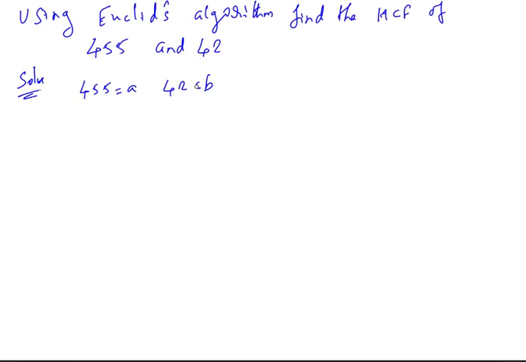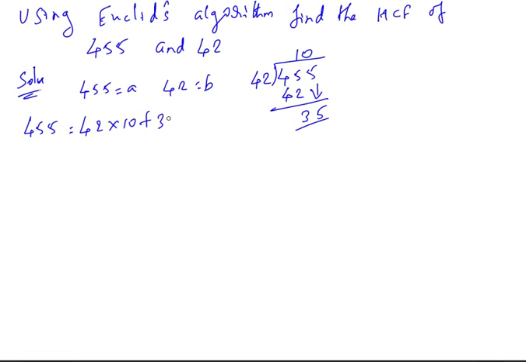Then we divide a by b, that is 455 by 42. It goes 10 times, 42 times 10 is 420, and 455 minus 420 leaves 35. So the remainder is 35. The remainder is not 0. We write this in Euclid's lemma format: 455 equals 42 times 10 plus 35.